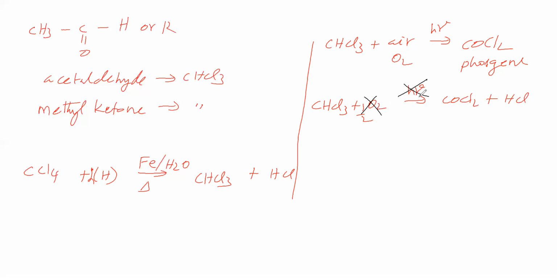If oxygen and sunlight are not there, how will chloroform convert into phosgene? If chloroform is not in contact with oxygen and sunlight, it will not convert into phosgene. Then we can use this as an anesthetic substance.